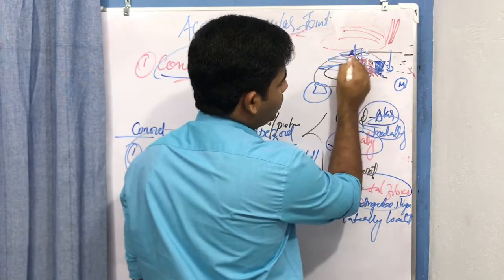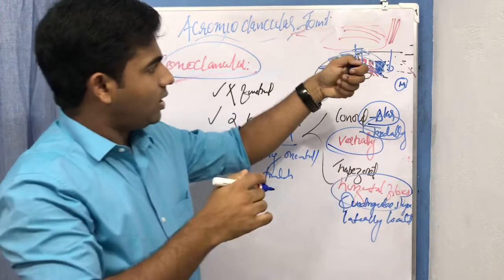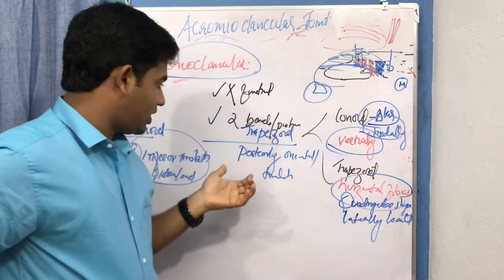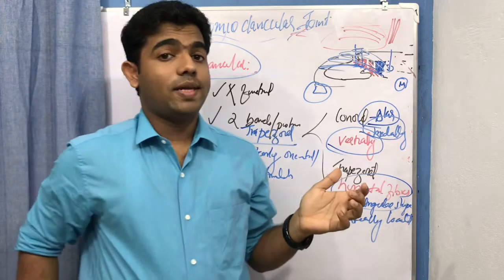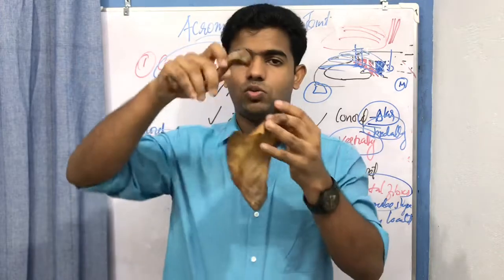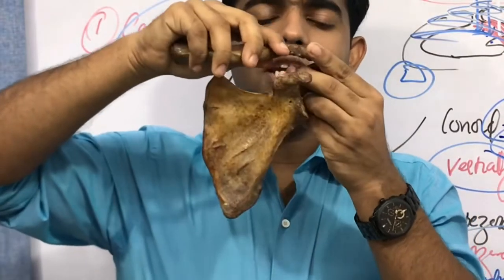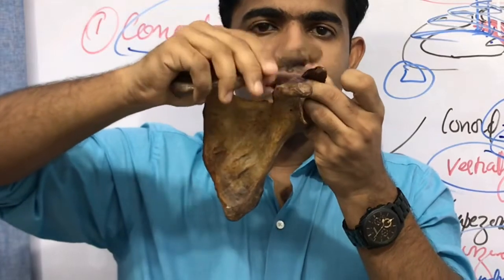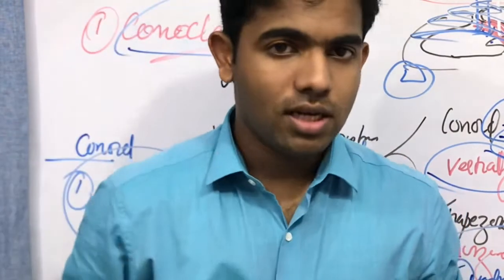So due to this horizontal orientation, when the lateral end of the clavicle moves posteriorly, that posterior translation will be prevented by your trapezoid portion. So you can imagine it like this: inferior translation will be prevented by the conoid, whereas posterior translation will be prevented by the trapezoid portion.